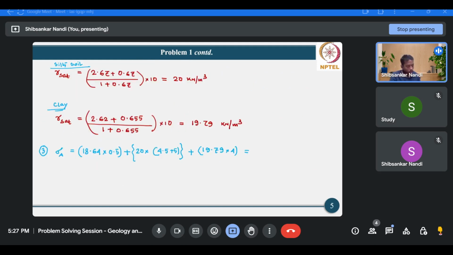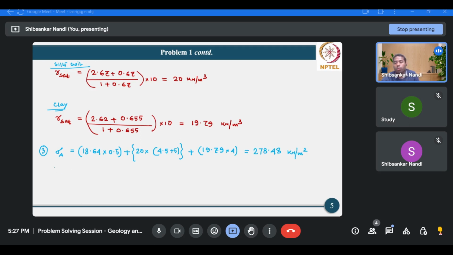So this value, I hope, 18.64 into 0.5 plus 9.5 into 20 plus 19.79 into 4, is 278.48 kilonewton per meter square.